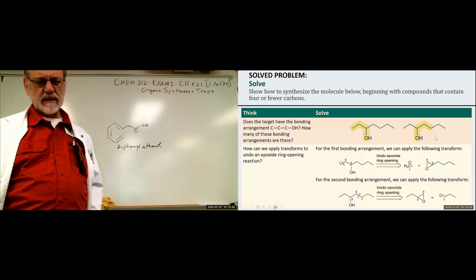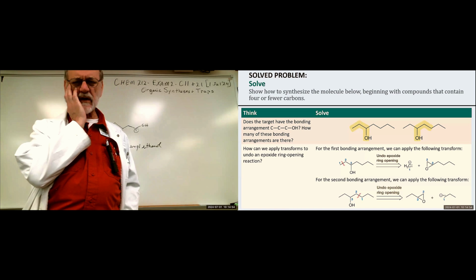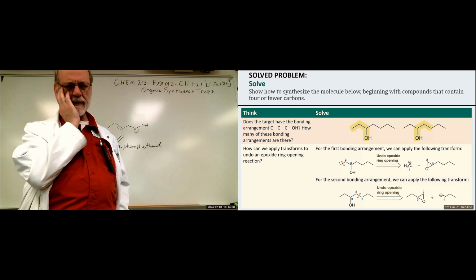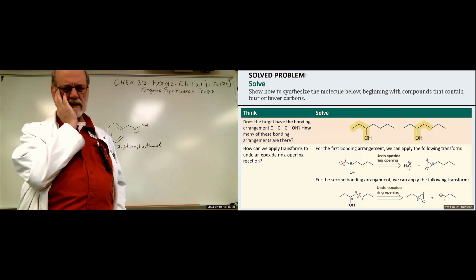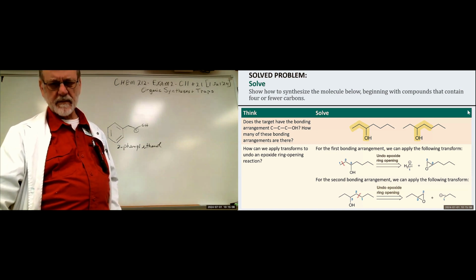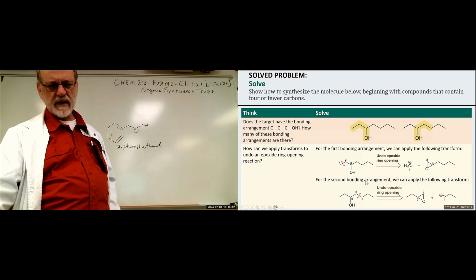Oh, 4 or fewer. Yeah. So for the first bonding arrangement, we can apply the following transformation. And we can put an epoxide on the end, and that gives us a methyl anion. For the second bonding arrangement, we can apply the following transform.